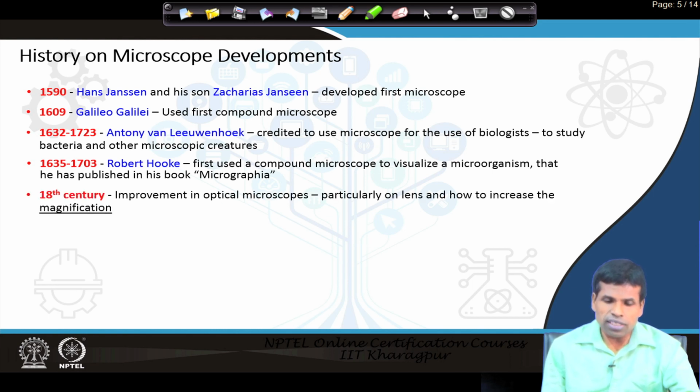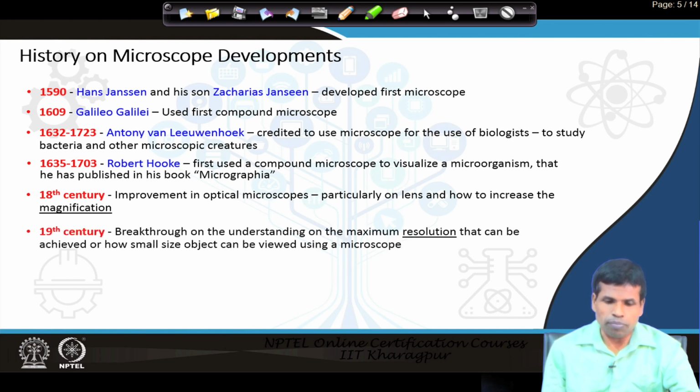And in the 18th century, more developments occurred in the optical microscope, particularly on the lens and how to increase the magnification. Up to the 18th century, scientists were particularly focusing on the optical microscope to see smaller objects. Then the breakthrough on understanding the maximum resolution achieved came in the 19th century, and how small an object can be viewed using the microscope was postulated.